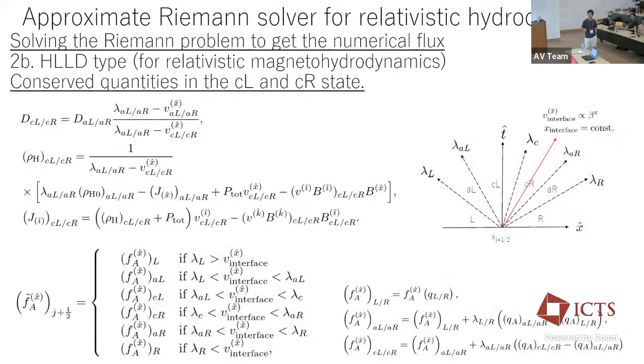And also, the conserved quantities in the CL and CR states are given by these equations finally. And now you have a solution inside the Riemann fan. Depending on how fast these waves are and how fast the interface is dragged, you can estimate the numerical flux at the interface.